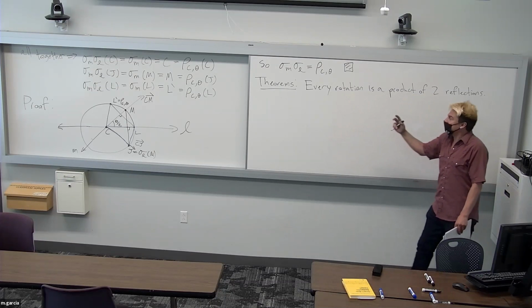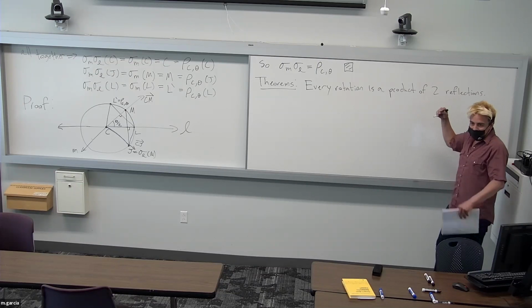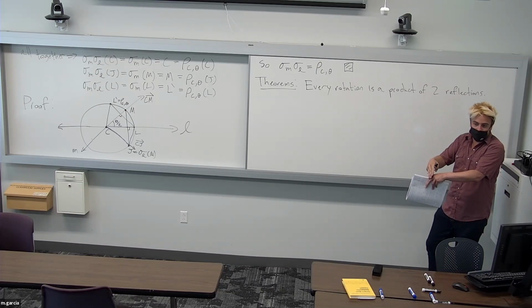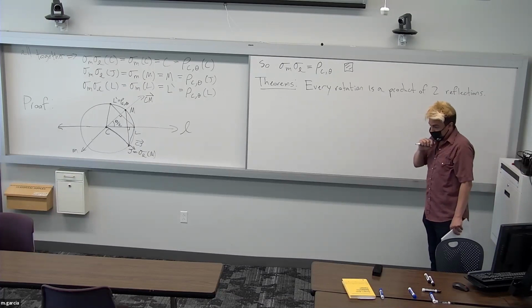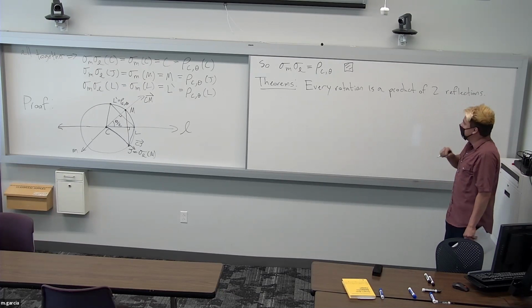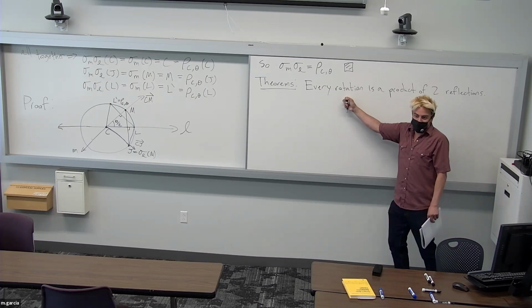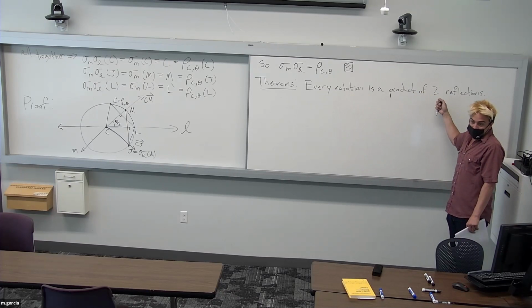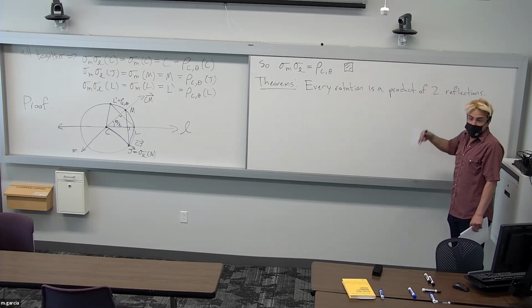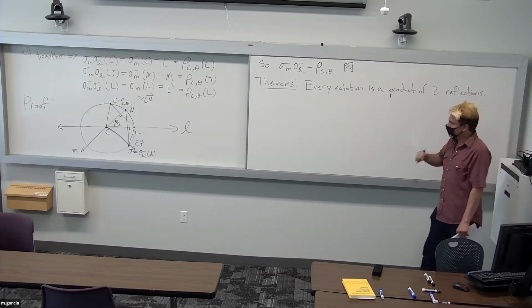So you have to pick two lines that intersect at C, that center of rotation, and have an angle through C of theta over 2. Right, every rotation comes with a theta, and you want the directed angle measure between these two lines that specify these two reflections to be theta over 2.